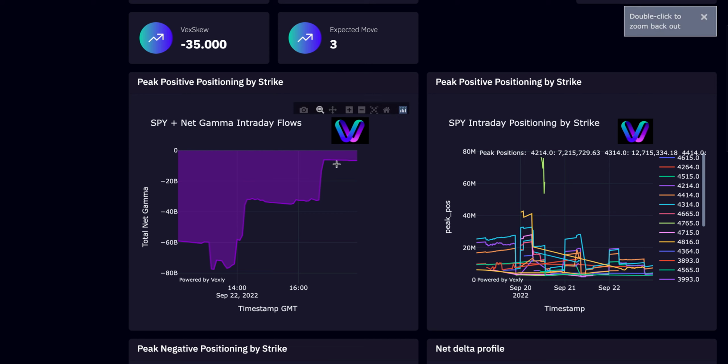So let's say you're looking at it intraday, positioning is pulling down, and if you look here, going into 1 to 110, we had the market start to pull down at the exact same time.